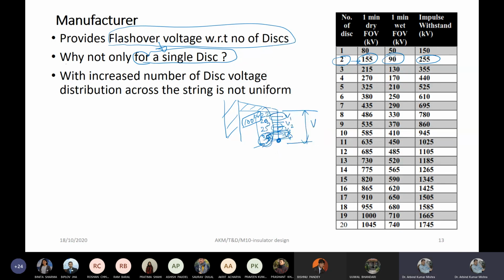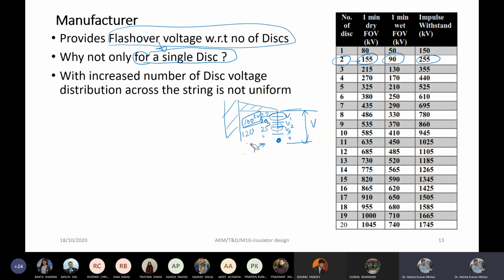Since one insulator has that capacity, we cannot increase the 100 kilovolt to, say, 120 or 135 kilovolt, thinking that since one insulator withstands 35 kilovolt, it would be 4 times that. Because if we do this, the voltage at the lower disk may be greater than 35.